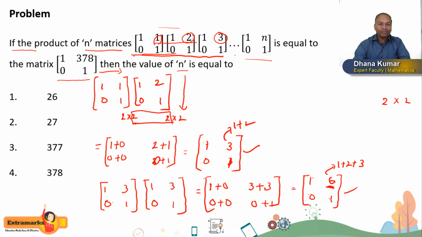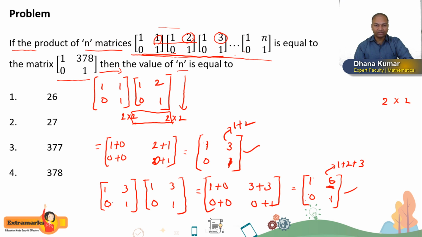So if you are multiplying all n matrices, we get this format only, 1 0 1, same order.